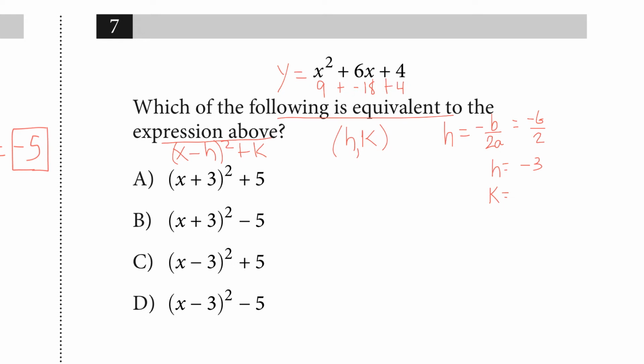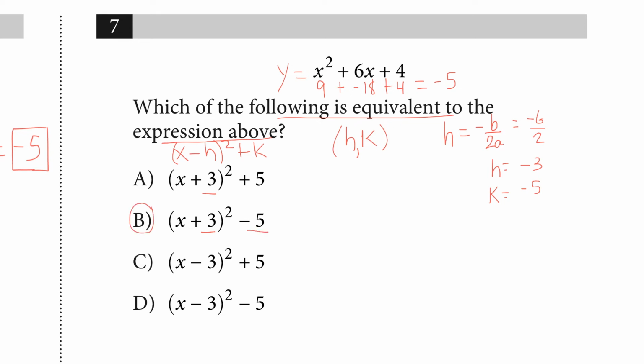So you're going to have 9 minus 18 is a negative 9, plus 4 would be a negative 5. So that means here that minus h, minus a negative 3, would be plus 3. And so for number 7, let's see, it should be either A or B. Well, k is a negative 5, so that means it should be B.